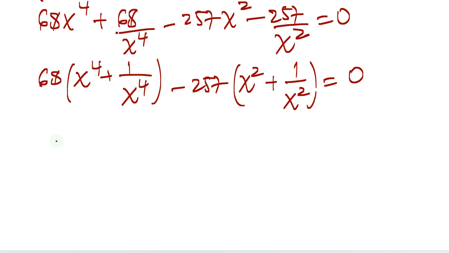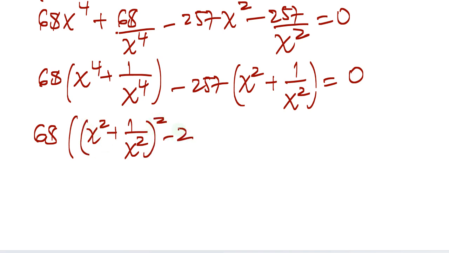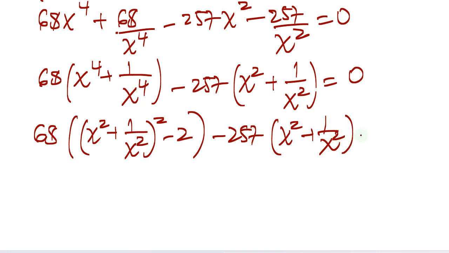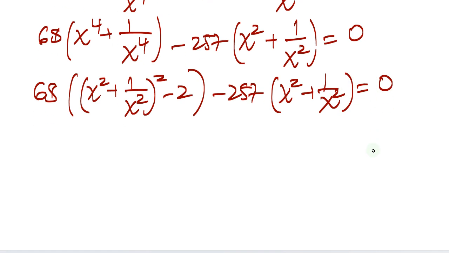So this one inside we can write as 68, which multiplies x to the 2 plus 1 over x to the 2, to the power of 2 minus 2, because the product of these is going to be 1, but we have to take these 2 out. Minus 257 times x squared plus 1 over x squared, and this is equal to 0.